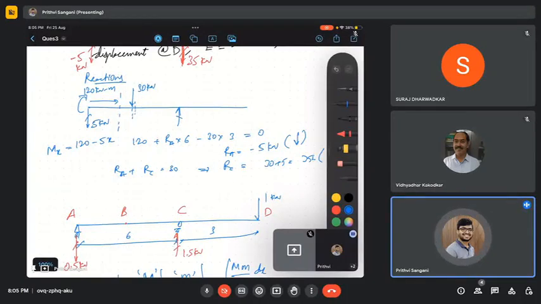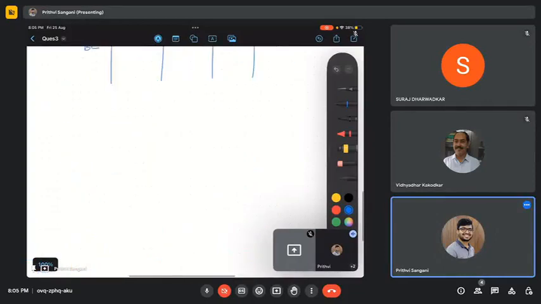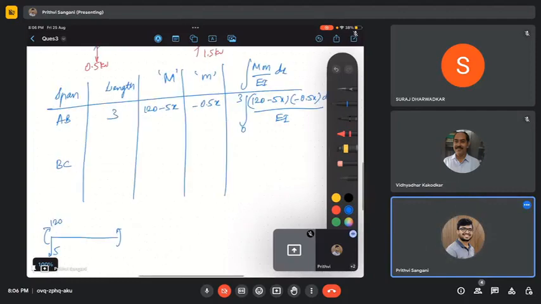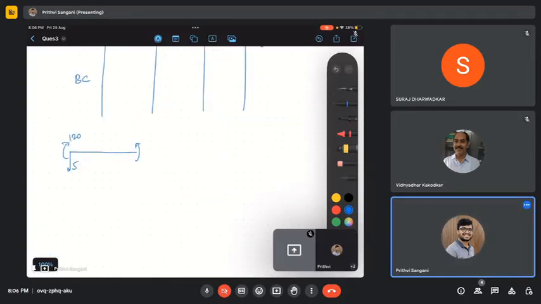Let us break this down. In AB we have 125, 120 and 5, and you should have a sagging moment. 120 minus 5 times 3, 15, so this is 105, and you have a shear force of 5.